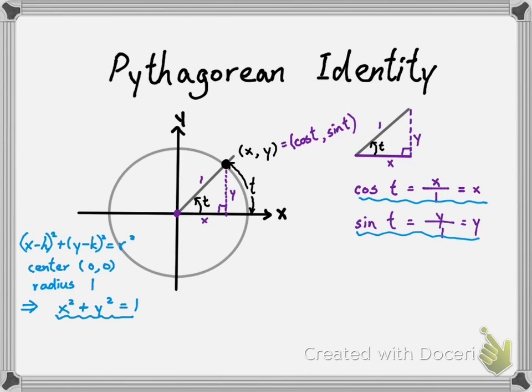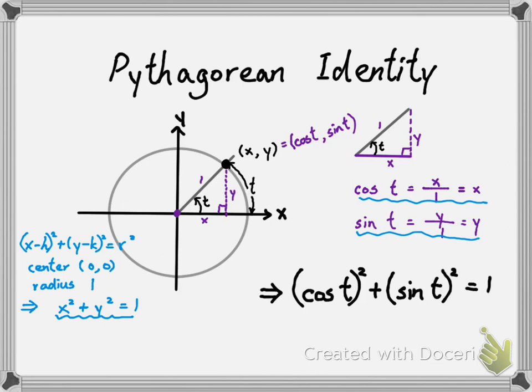And therefore, we find that our x, which is cosine t, squared plus sine t squared equals 1, and the formal way that we write out cosine t squared is cosine squared t plus sine squared t equals 1, and that is our Pythagorean identity.